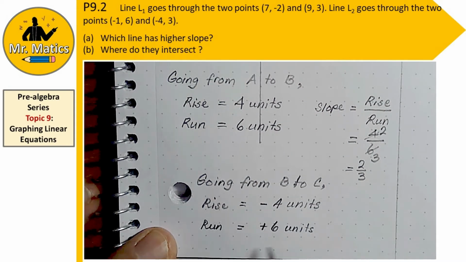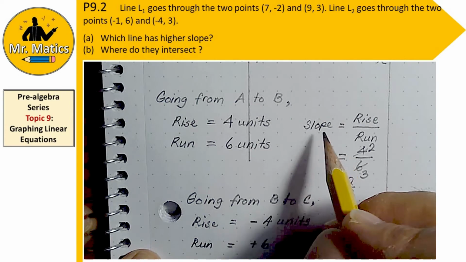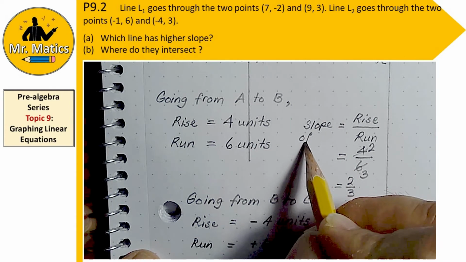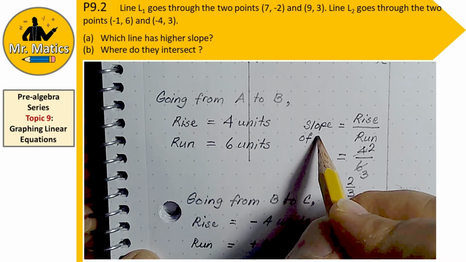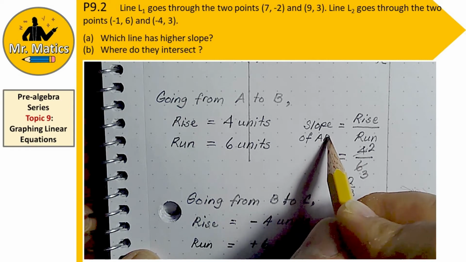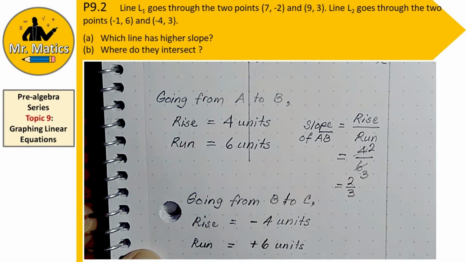So here the first one was the slope of AB, that line.